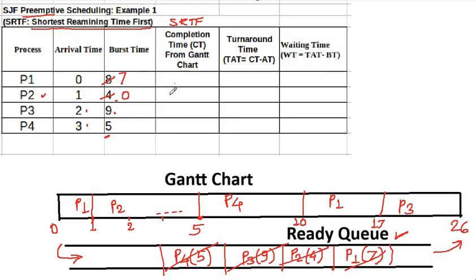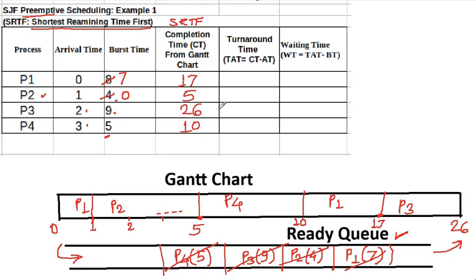Now check the completion times for every process. For P1, 1 unit was executed initially, but it waited and then executed and completed at 17. So for P1 the completion time is 17. For P2, from the chart itself you will get it, it is 5. For P3 the completion time is 26, and for P4 the completion time is 10.